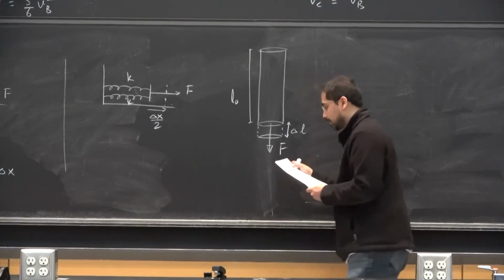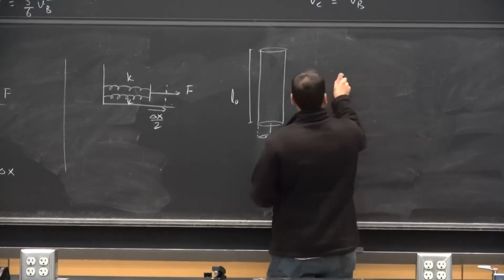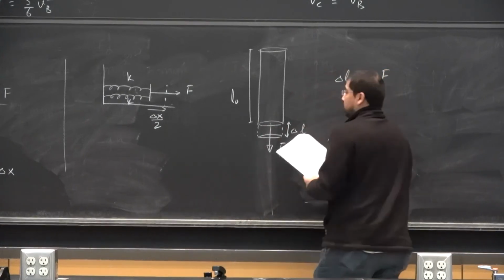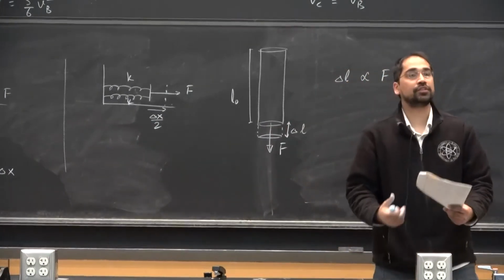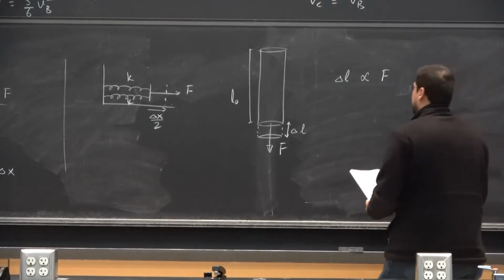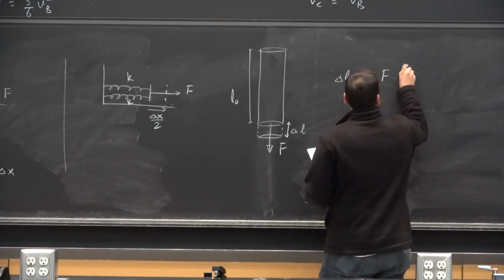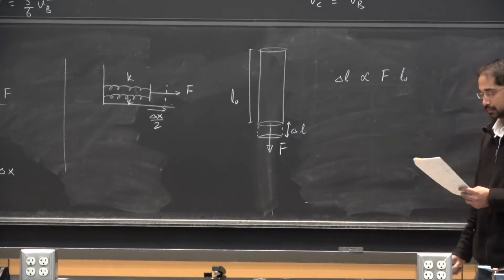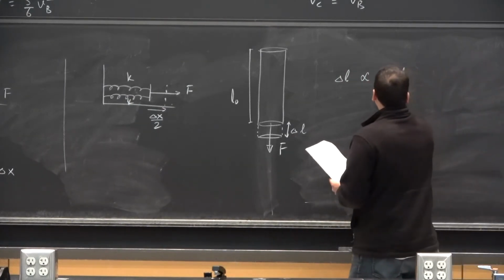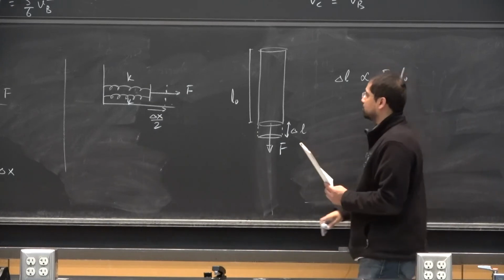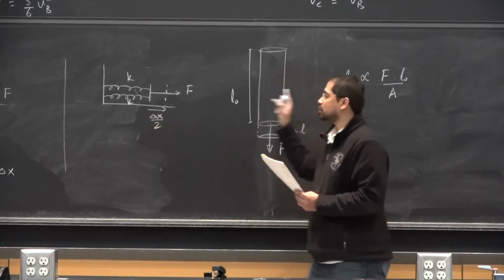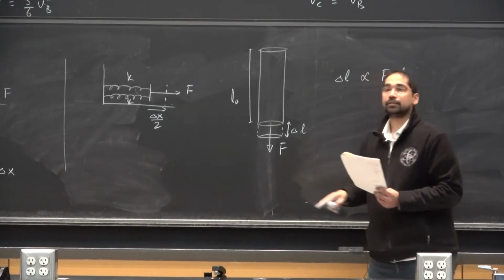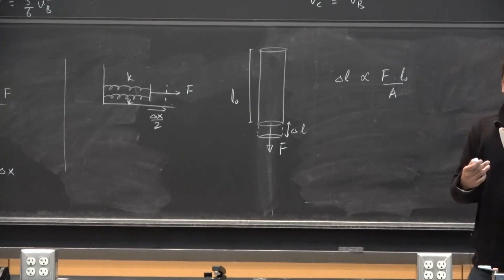And it turns out that delta L is proportional to the amount of force I exert on it. Clearly, if I apply more force, it's going to stretch a bit more. Right? Interestingly, it depends on how long it was originally to begin with. And making a bit of a conceptual jump from here to here, the more the surface area, the less the extension I have.